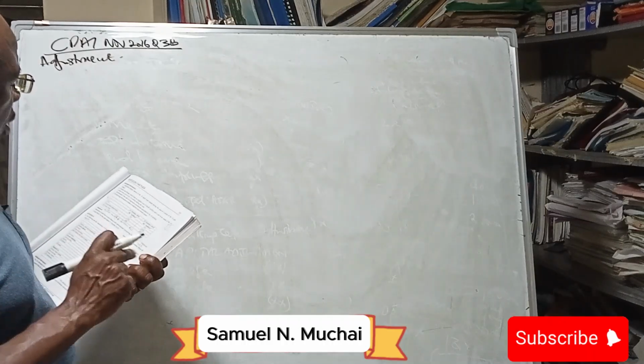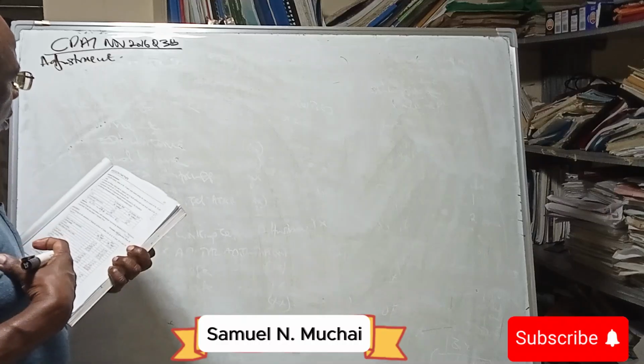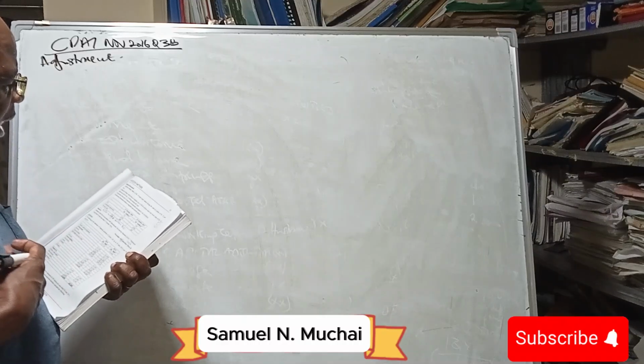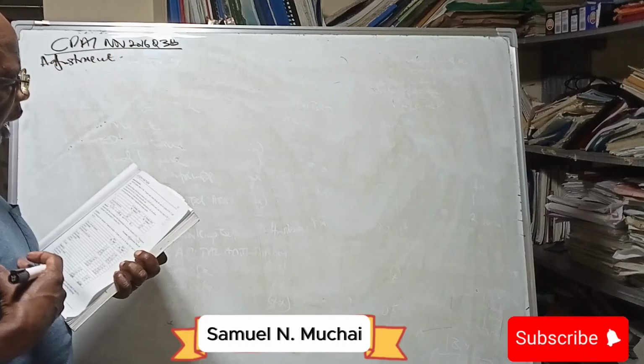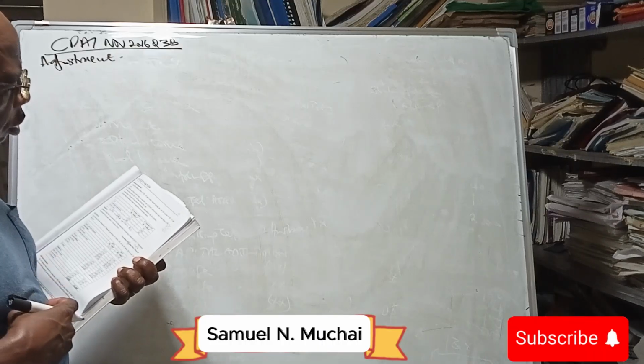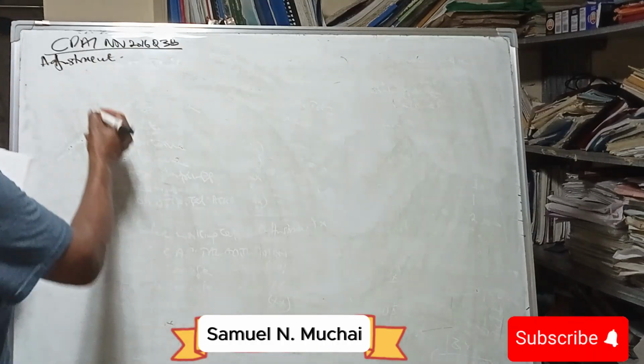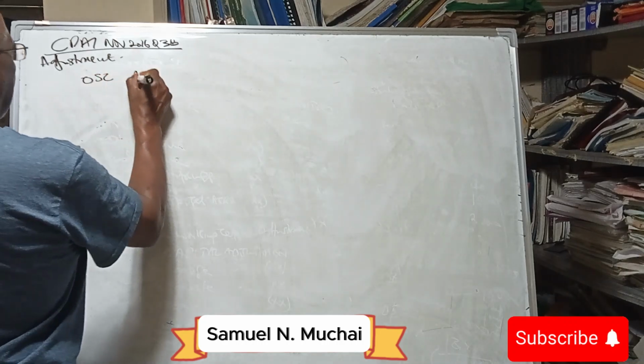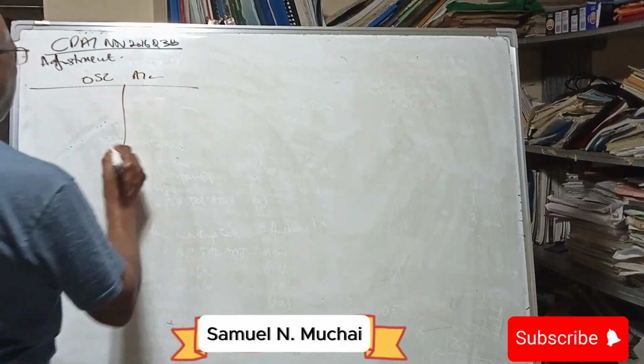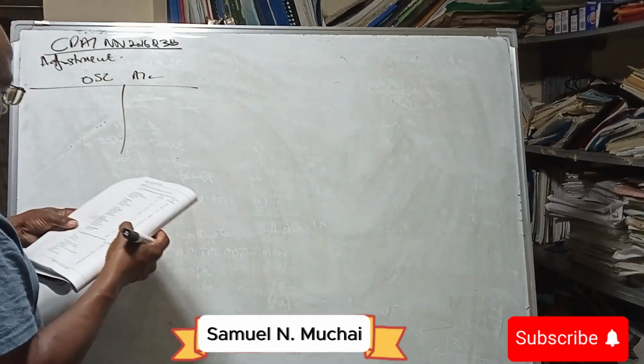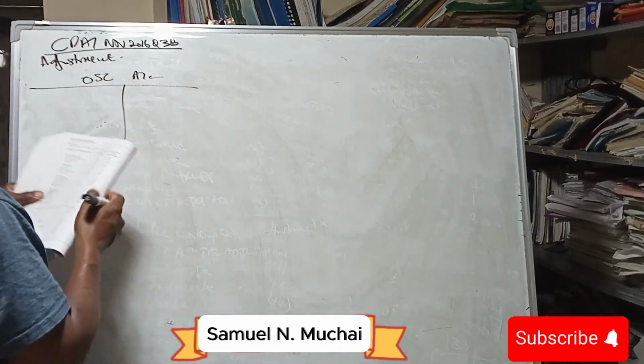We are told, additional information number 1, 5,000 ordinary shares of shillings 10 each were issued during the year at a price of 12 per share. So if we go to the ordinary share capital account, remember what we said, you always reconstruct your account.